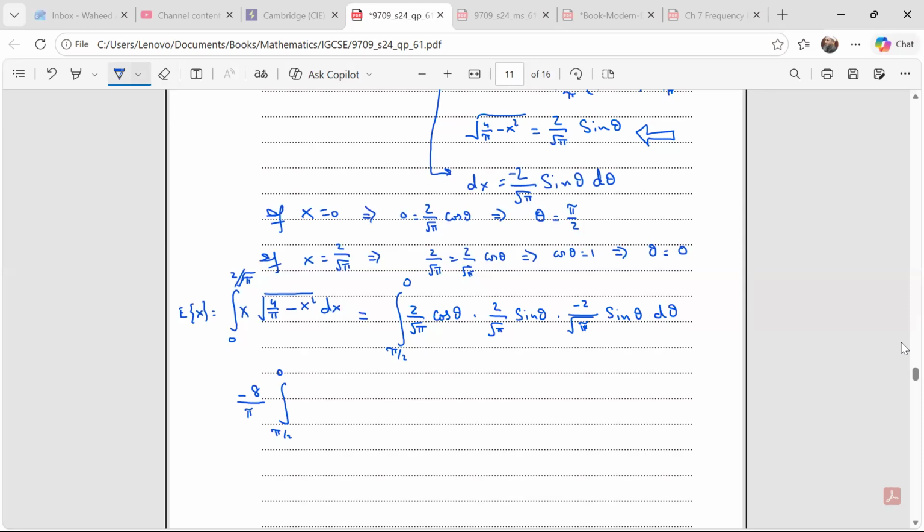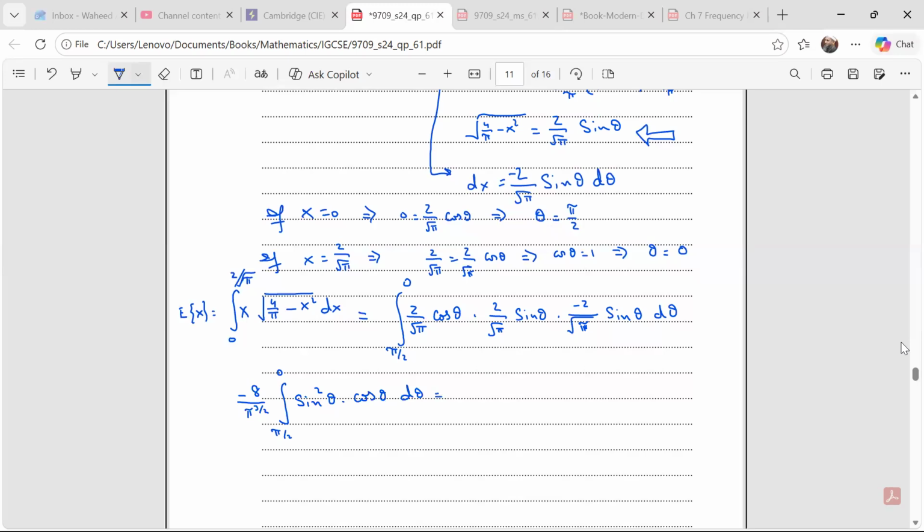pi under root power 3, so it's pi power 3 by 2, right? And inside I have sine square theta into cos theta into d theta. Am I right? Sine square theta, cos theta, d theta.